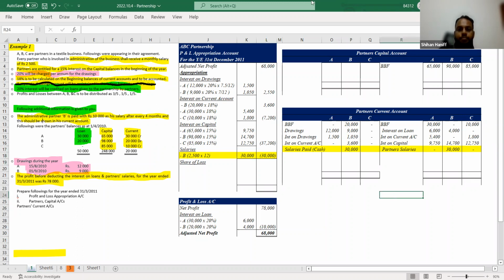Okay. What else? Then the profit and loss sharing ratio. Okay, can you complete the rest?